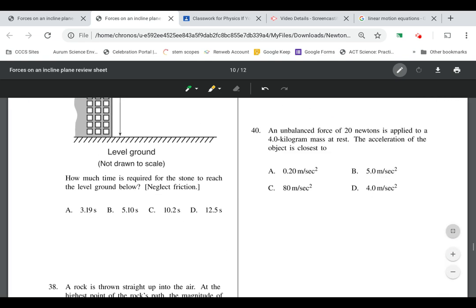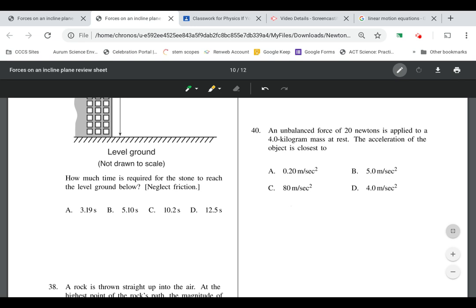And 40, an unbalanced force of 20 newtons applied to a 40 kilogram mass. Oh my bad, the net force is not 0. It's just saying an unbalanced force applied to an object at rest.